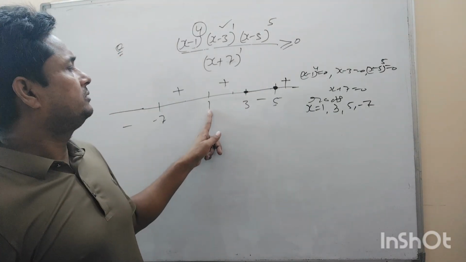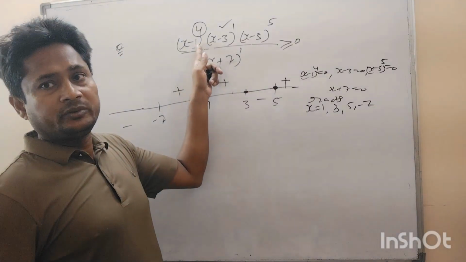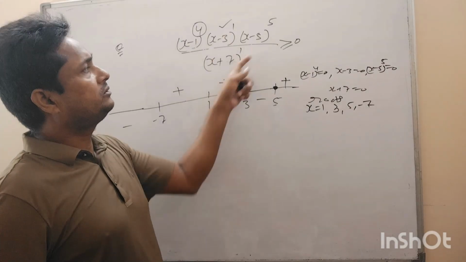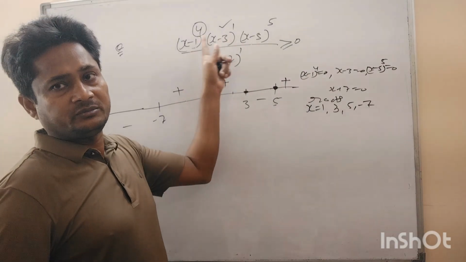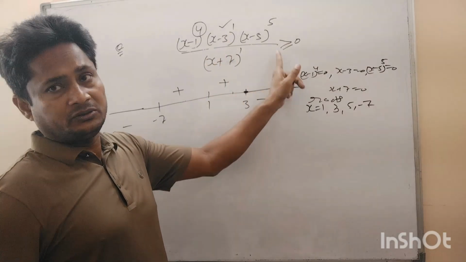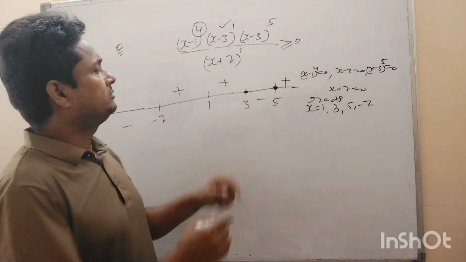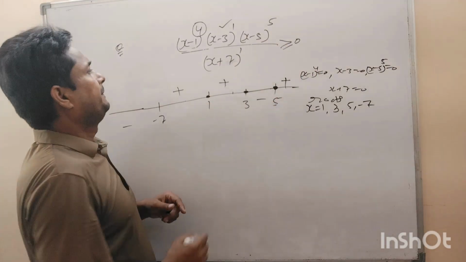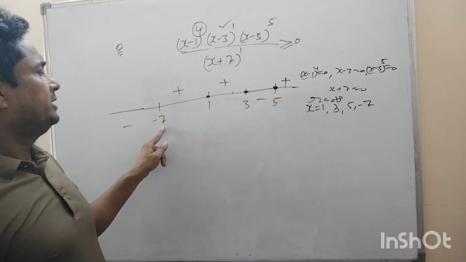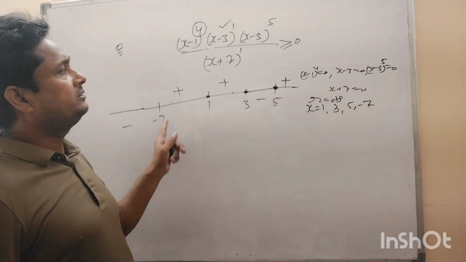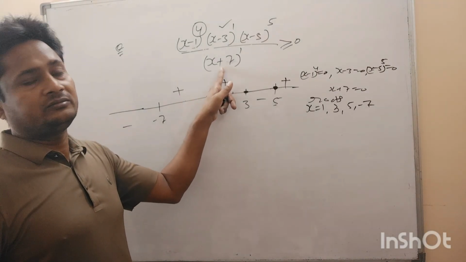Now put x equal to 1. 1 again came from the numerator, and putting x equal to 1 in the whole expression, the left hand side becomes 0. So it is also 0 greater than or equal to 0. It is true. So this will be included. Now check minus 7. If you put minus 7, the denominator becomes 0.